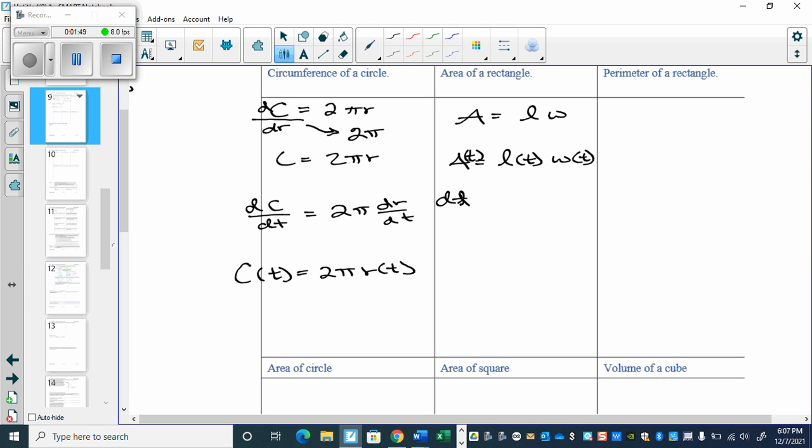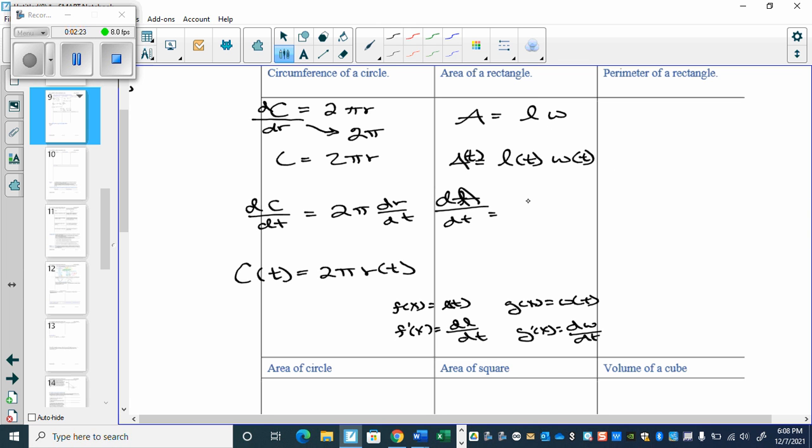It'll be dA over dt equals, and we're going to use the product rule, so f of x equals L sub t, and f prime of x equals dL dt. Similarly, our g of x here is W sub t, and g prime of x is dW dt.